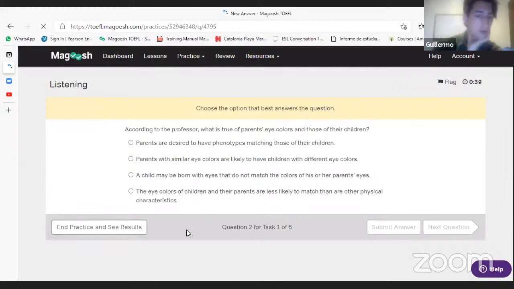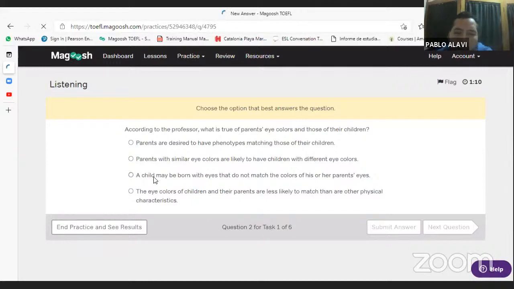Yeah, I think it's the first one. Okay, parents are desired to have phenotypes matching those of their children. Okay. All right. Any other suggestion? I think it's the third one. A child might be born with eyes that do not match the color of his parents' eyes.